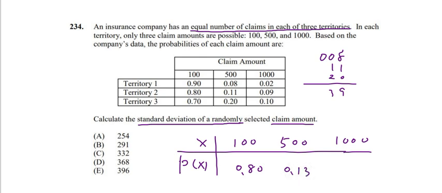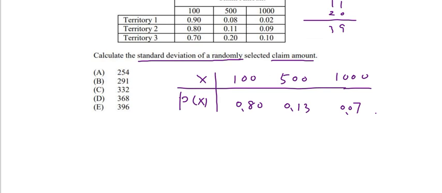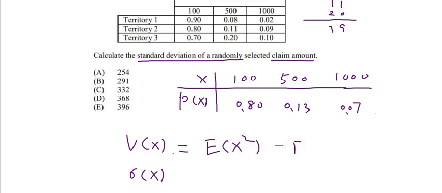And this average is 0.007. So we can easily find this V(X), then sigma X, right? So V(X) just equals E[X squared] minus (E[X]) squared. So this is just some calculation. Such a problem, so easy, right?